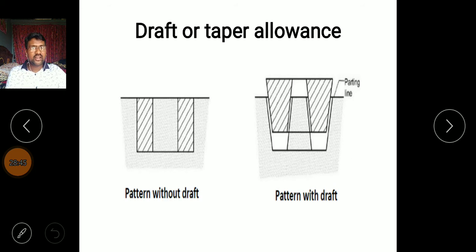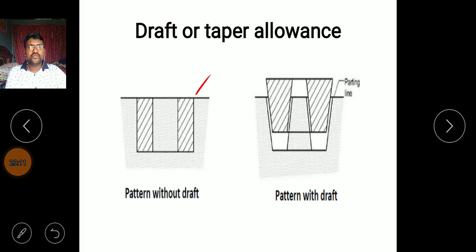It is the diagrammatic representation of draft or taper allowances. In the first diagram, we are using a vertical pattern. In the case of this type of pattern without draft, at the time of removing, the mold will be damaged, and in some cases the molding sand will stick to the pattern.